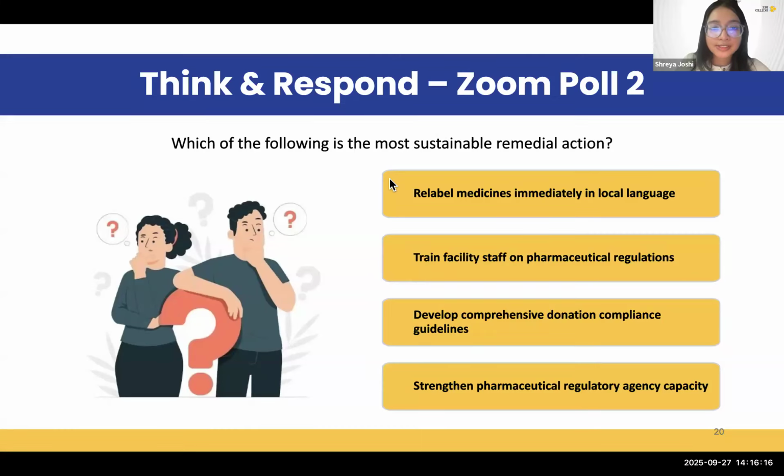Do you think it is to train facility staff on pharmaceutical regulations, or develop comprehensive donation compliance guidelines, or strengthen pharmaceutical regulatory agency capacity? Whichever answer you relate with the most, you may click on that. In a few moments, I will share the result. You have a few seconds to answer this poll.